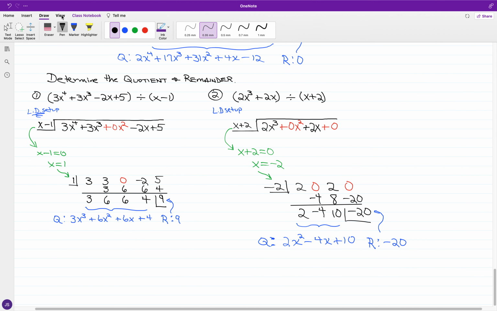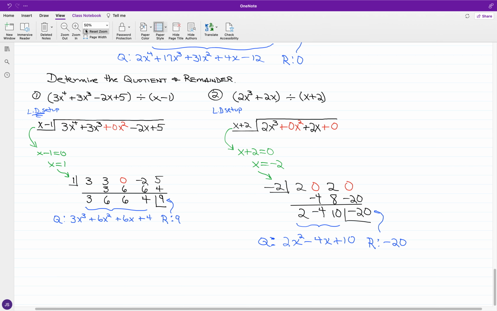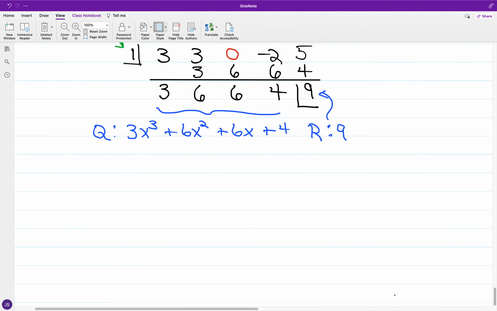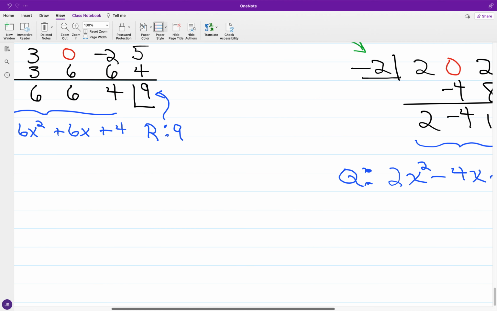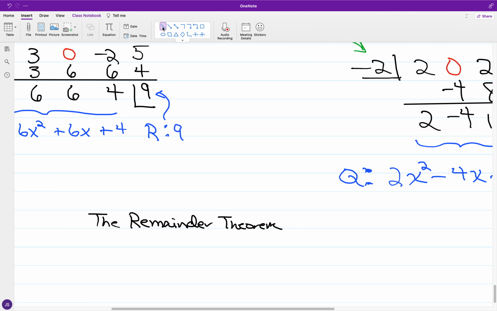And just to close out, a couple of theorems that will be intertwined. First of these, we'll have the remainder theorem.